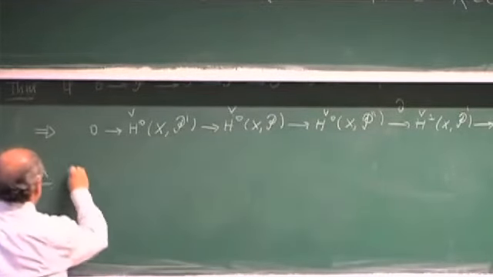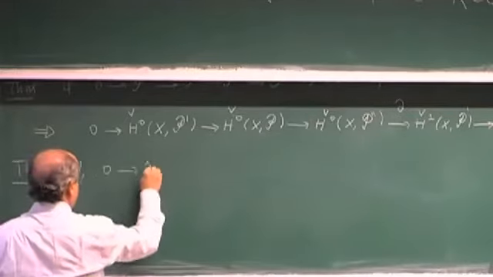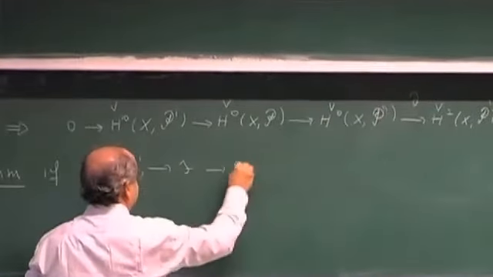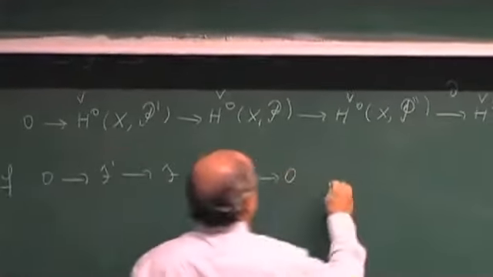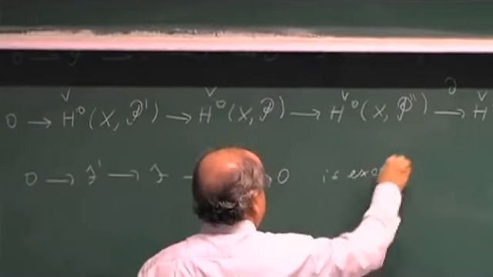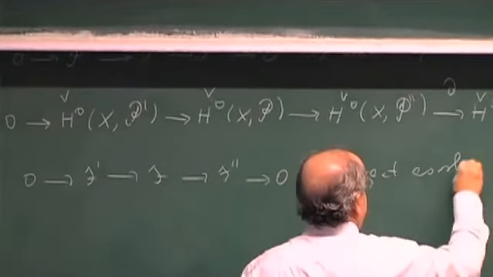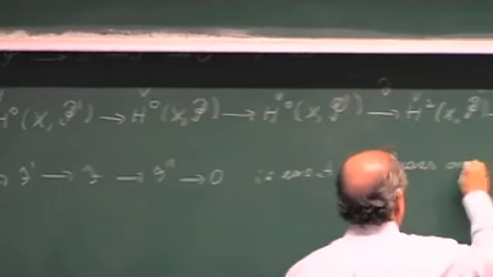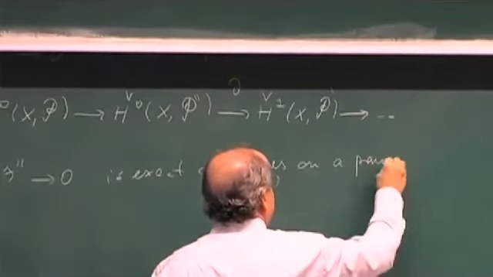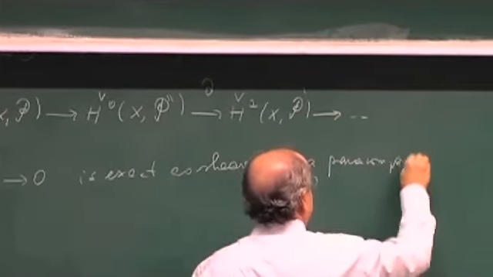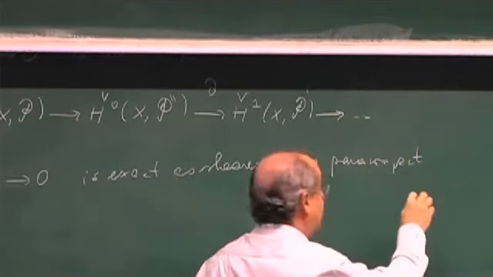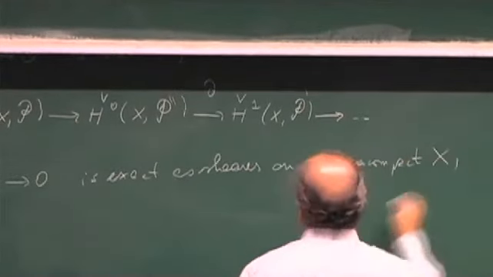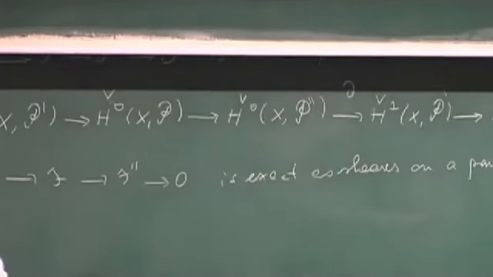one can say the following. If you have an exact sequence of sheaves and we are on a topological space which is paracompact, I will say what it is in a moment, then the same.